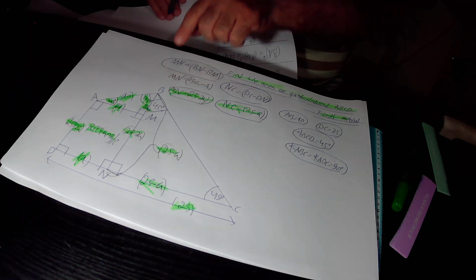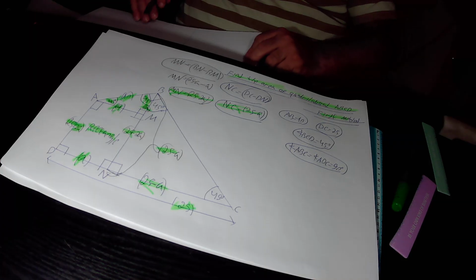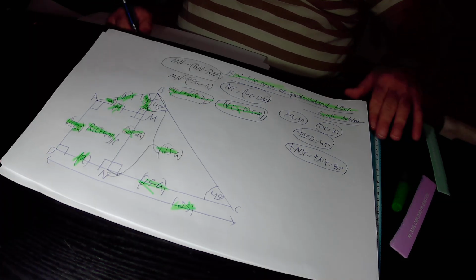Our task is to find out the area of this quadrangle ABCD. So what is the area of quadrangle ABCD?